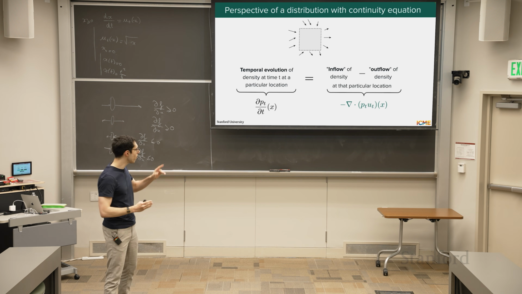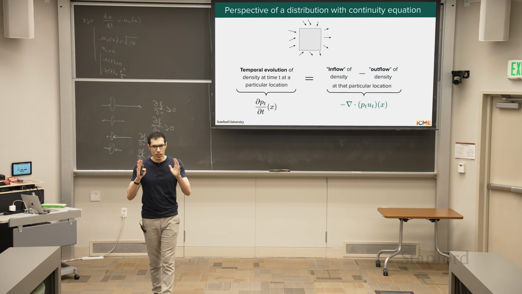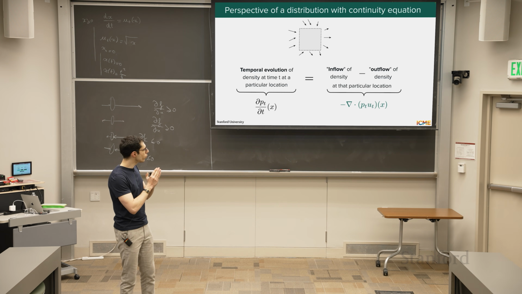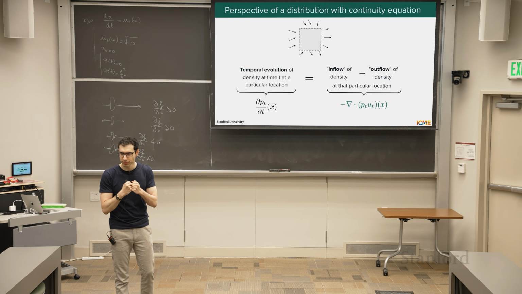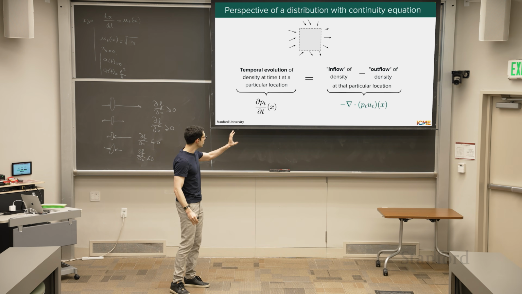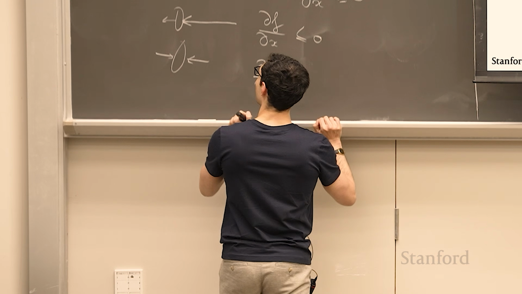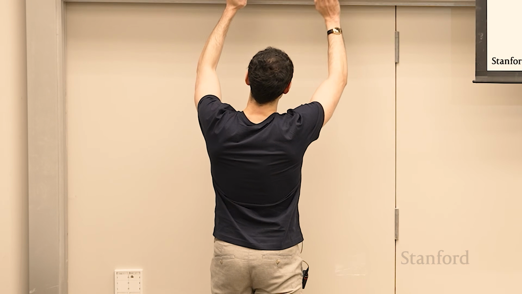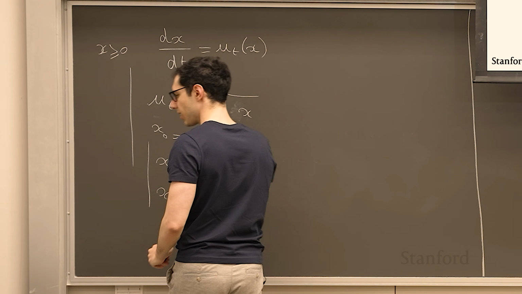And this quantity, minus divergence of p_t u_t of x, just means that we're interested in the net inflows of density within our small volume. So all in all, that equation is nothing else than the continuity equation, which you may have seen in physics.